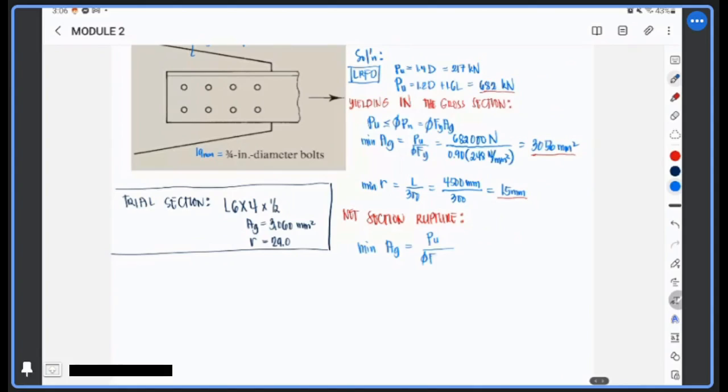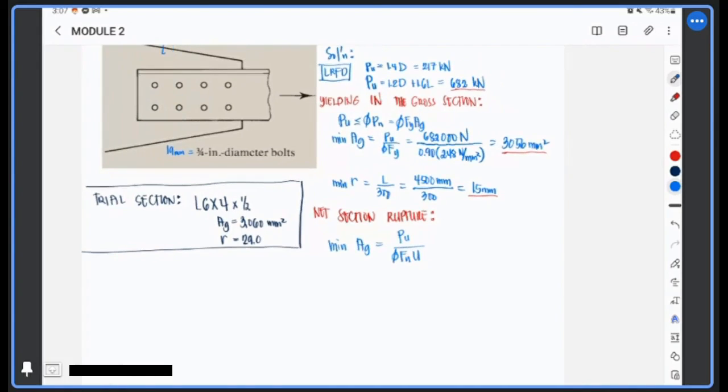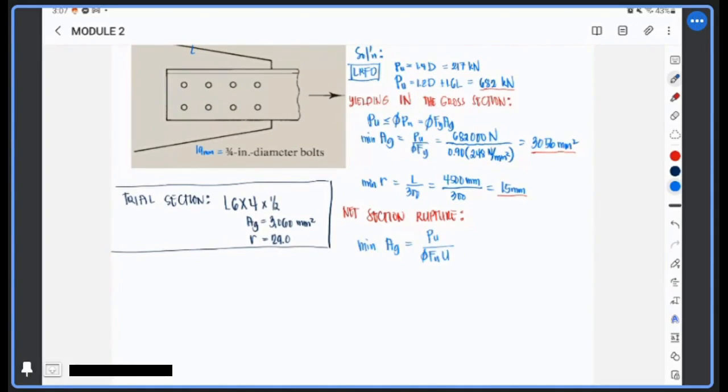Phi Fu times U, where U is 1 minus x bar over L. In checking the gross area for net section rupture, we assume the least value for the shear lag factor U. The smallest possible value is 0.75.